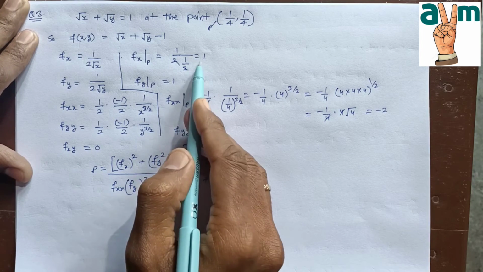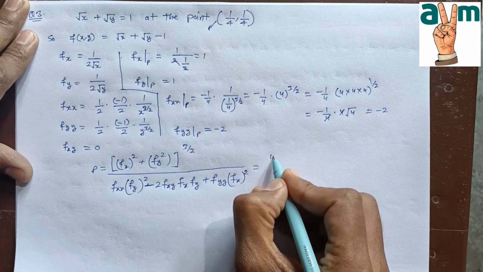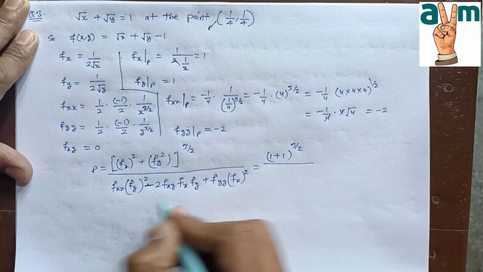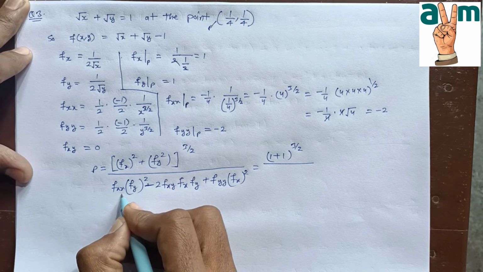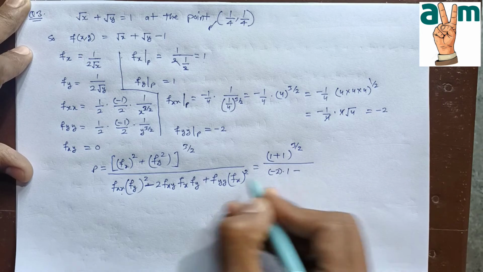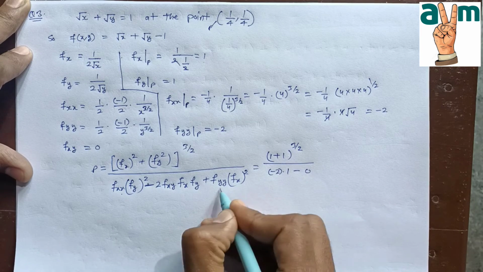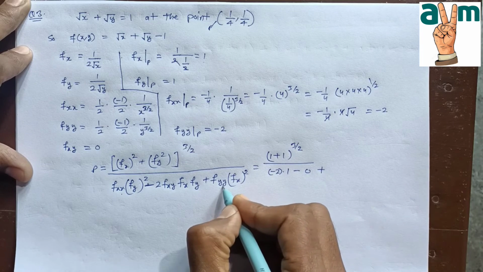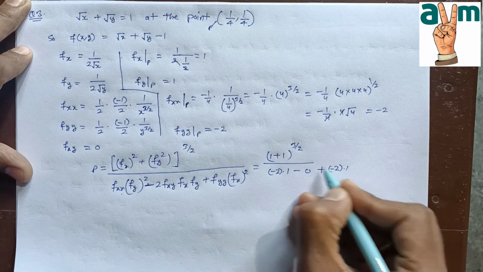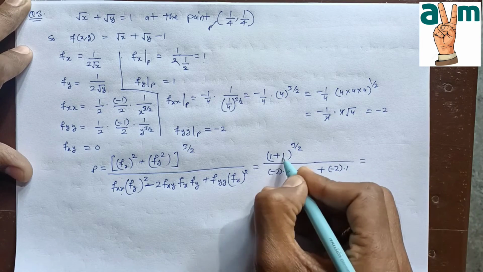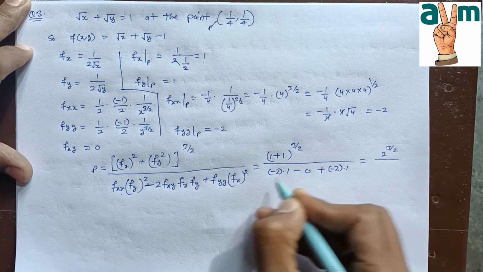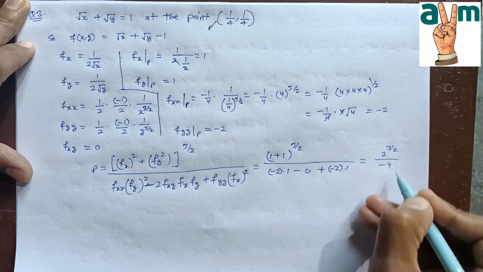fx is 1, the square of 1 is 1, and this is also 1, to the power 3 by 2, upon fxx, which is minus 2, into 1, minus, this term is 0, plus fyy, which is also minus 2, into 1. So the numerator is 1 plus 1, that is 2, to the power 3 by 2, upon minus 2 into minus 2, minus 4.